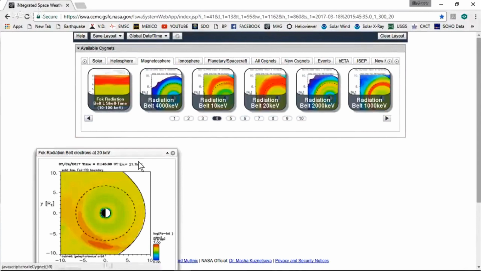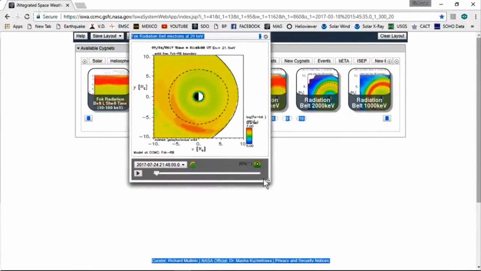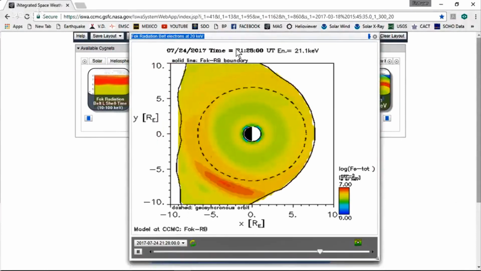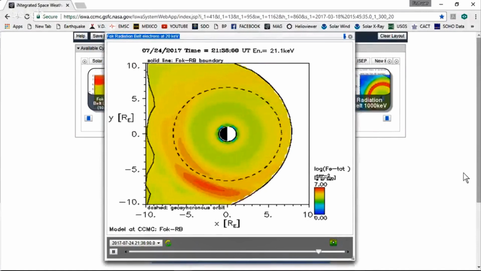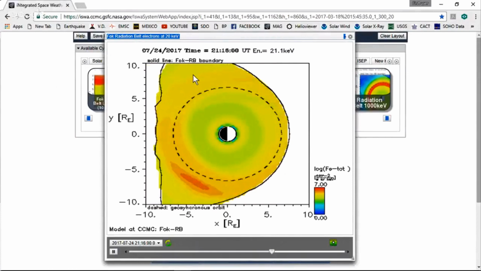We'll just take a quick look and see what the radiation levels are looking like here. We're still seeing some particles coming from the backside, but not much. Some electrons. It's slightly elevated, nothing to be seriously alarmed about.